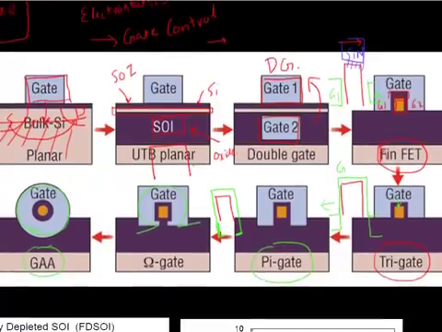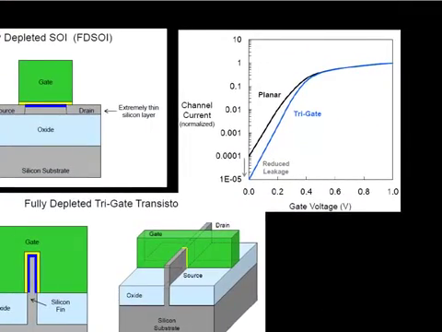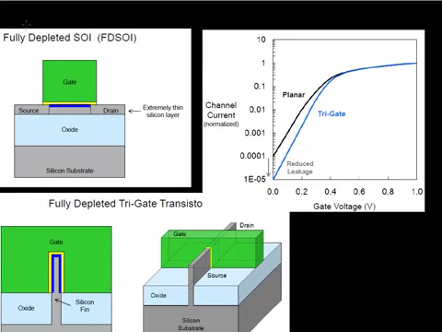Expanding on this a little further, I'm borrowing these view graphs from a press release from Intel on their 22 nanometer technology. It shows the two most common methods of improving your gate control, or improving the electrostatics.